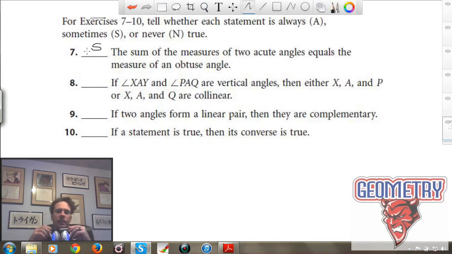If angle XAY and angle PAQ are vertical angles, then either XA and P or XA and Q are collinear. So let's draw this out and see if it's a situation where maybe we can get it to not work, or maybe we can get it to work. Who knows? So here's angle XAY.